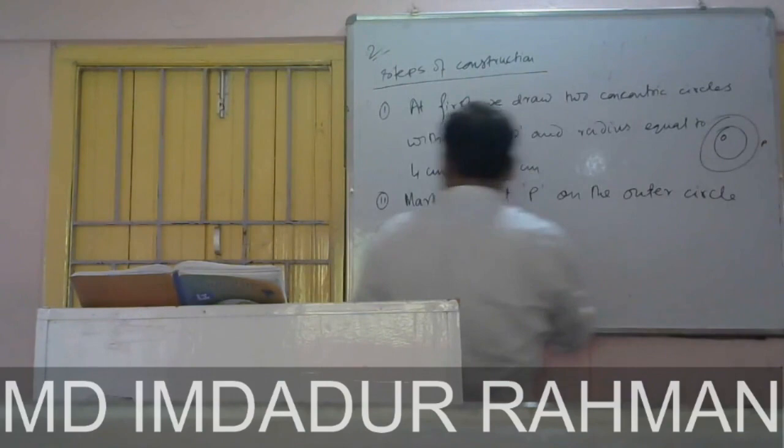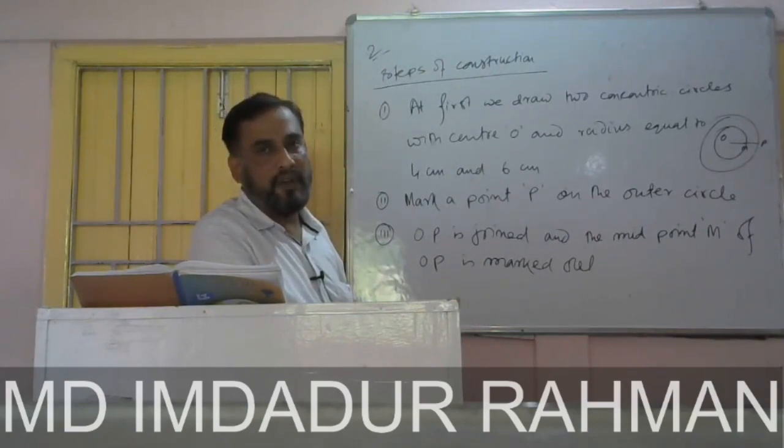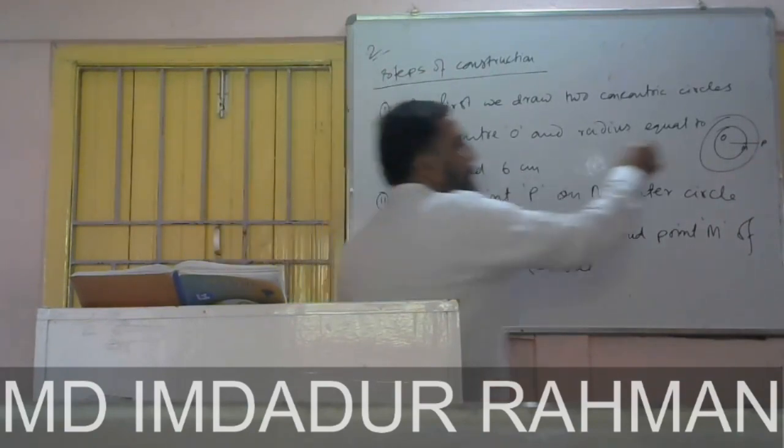Take half of the length of OP and draw 2 arcs on both upper and lower sides from O and P. Then you will join. If you join these 2 points of intersection, then we will get M.